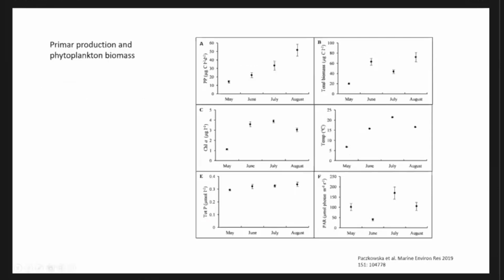And regarding primary production, I said it's the opposite. It's the lowest, no spring bloom. It increased during the summer, and it's really low. It's a phosphorus limited system, and the phosphorus concentrations are low all through the season.